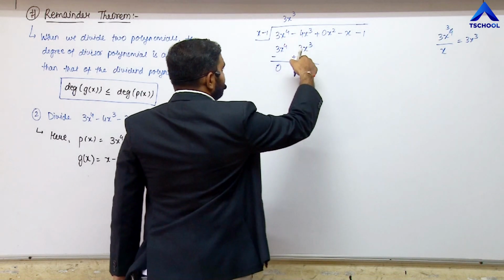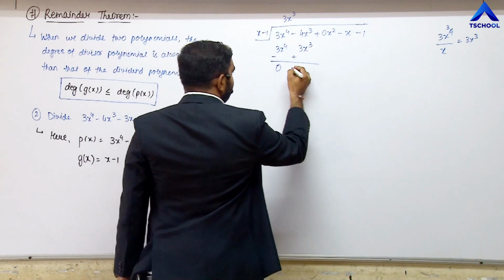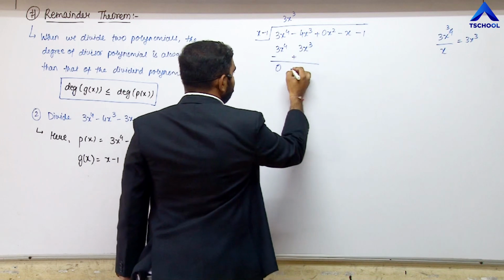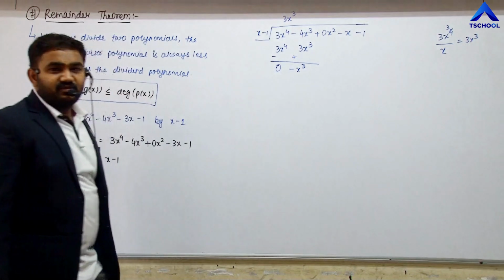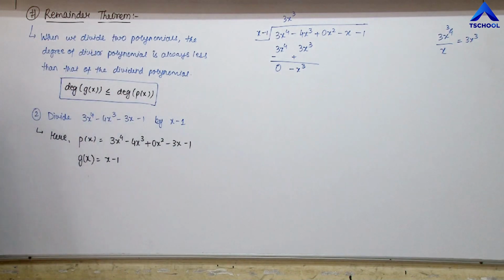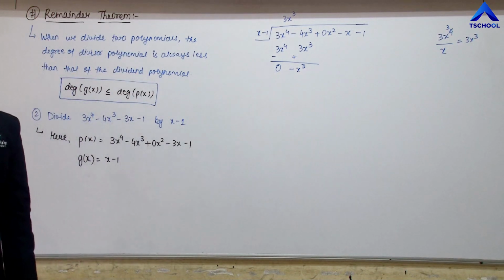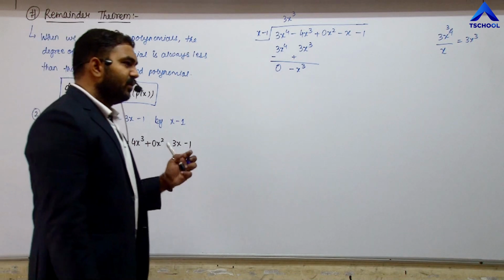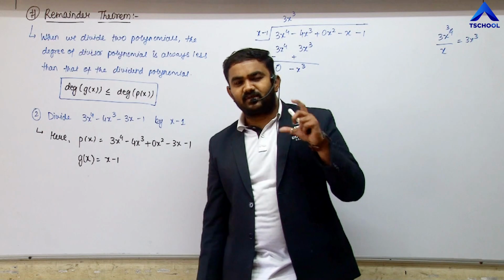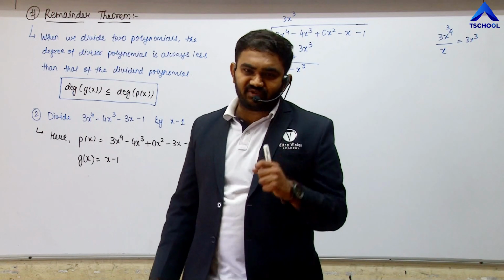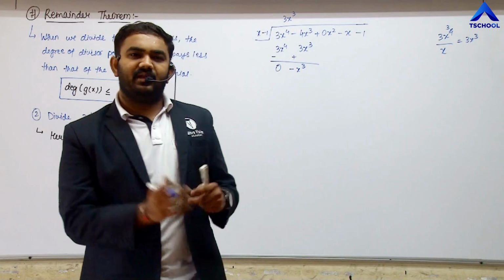And minus 4x cube plus 3x cube, that is minus 4 plus 3, that is minus x cube. Friends, whenever you are going for addition or subtraction of polynomials like minus 4x cube plus 3x cube, you simply first of all add the coefficients, and then write the variable as it is.